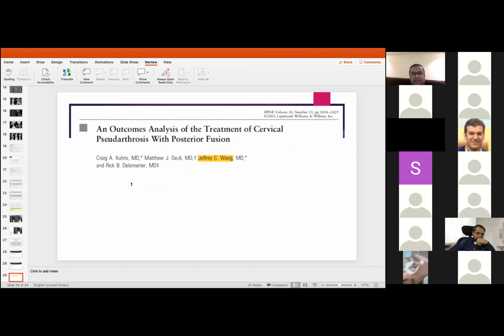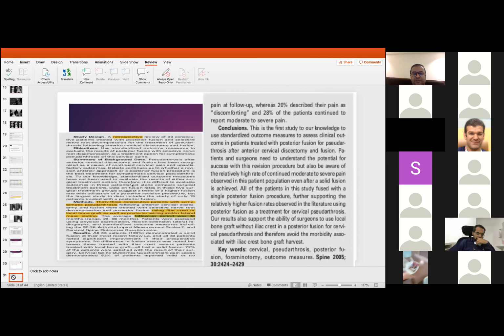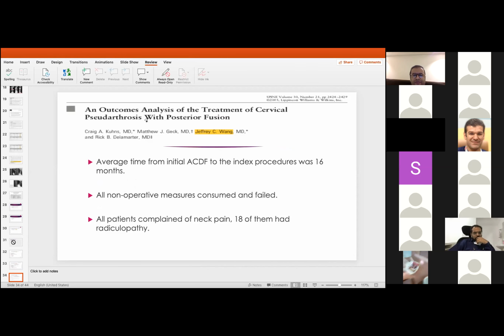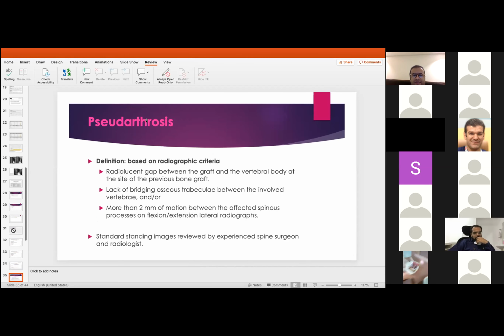This is a study by Jeff Wang, a retrospective study for patients who failed anterior approach and then they went for posterior approach. I would like to skip all of that to give you the key element of this study. Something you need to know is the definition of pseudoarthrosis, which comes into the exams.